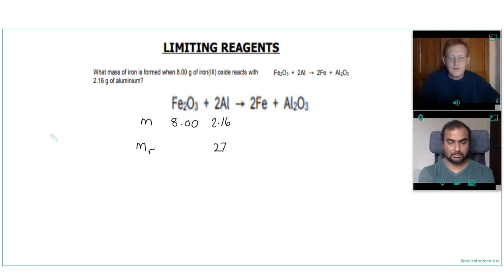So we'll need to work out that MR, so that's 2 times 55.8, which is 111.6, and then add 3 times 16, that's 48.